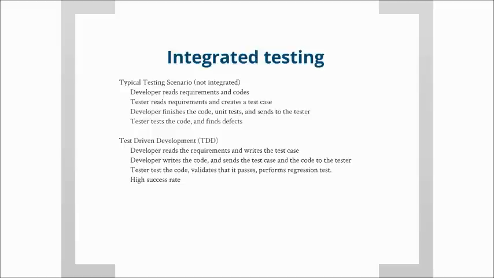Now that all sounds pretty basic, I understand. There's this methodology called test-driven development. This is part of an Agile methodology. Now I'll take a little diversion here. In Agile, there are, at my last count, 17 different Agile methodologies. For example, Scrum is an Agile methodology.